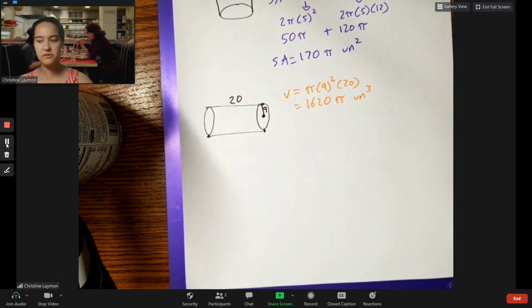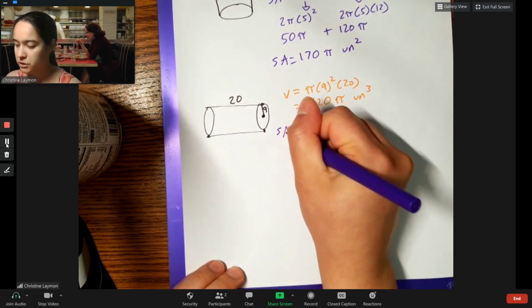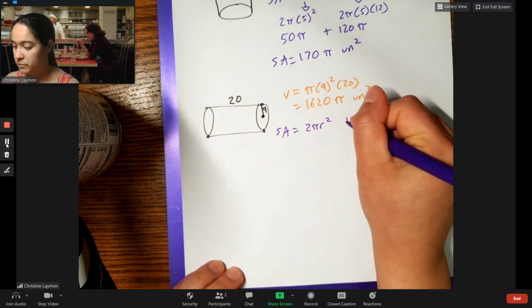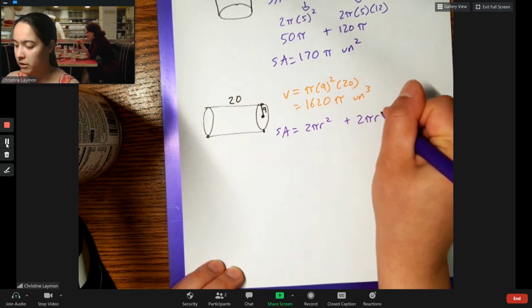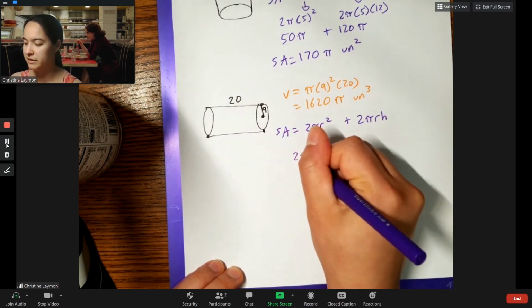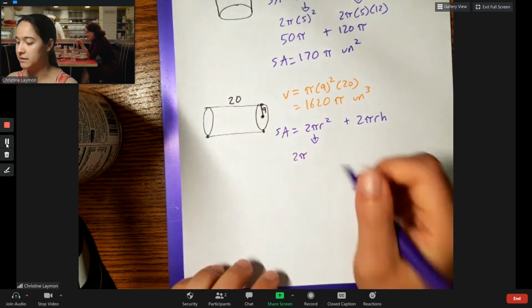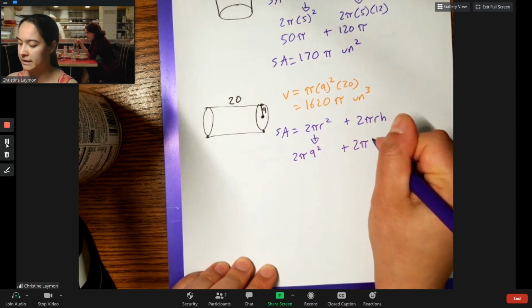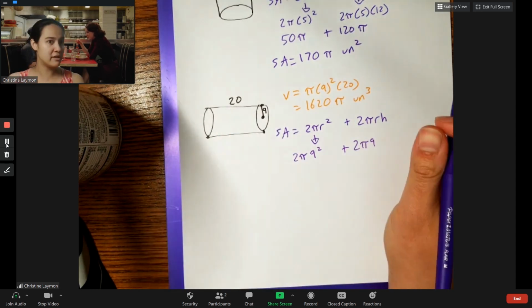Let's go after surface area. Surface area again is 2 pi r squared plus 2 pi rh. So looking at this part here, 2 pi, the radius is 9, so 9 squared, plus 2 pi 9, and my height, or depth, is 20.